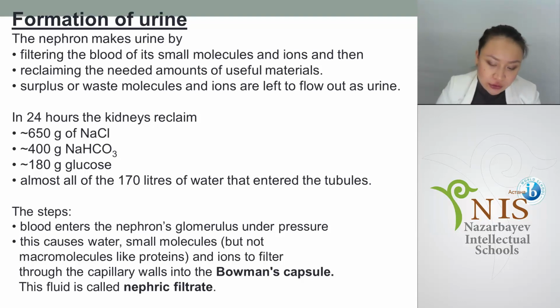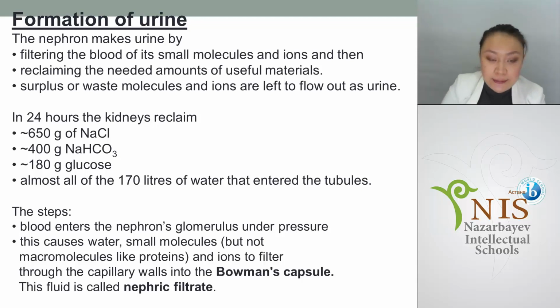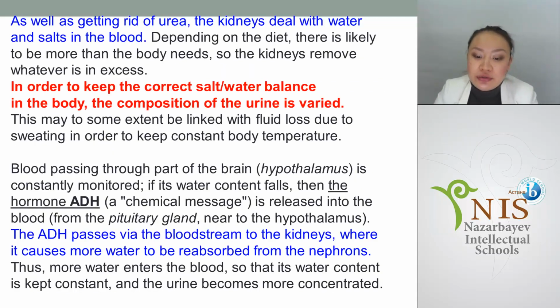Blood enters the nephron's glomerulus and the pressure causes water, small molecules, and ions, but not macromolecules like proteins, to filter through the capillary wall into the Bowman's capsule. Now blood passes through part of the brain, the hypothalamus, which is constantly monitored.